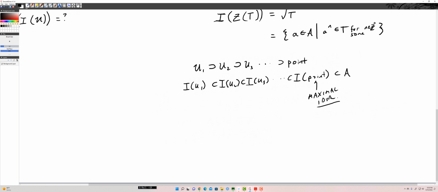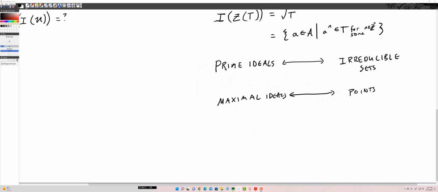Okay, so that gives us two correspondences, which I'll just draw out really quickly. Now notice that I did have to assume that the ring and the topological space are noetherian. If you don't know what that means, you can look it up. It just means you have a maximum element in an ascending chain of ideals.